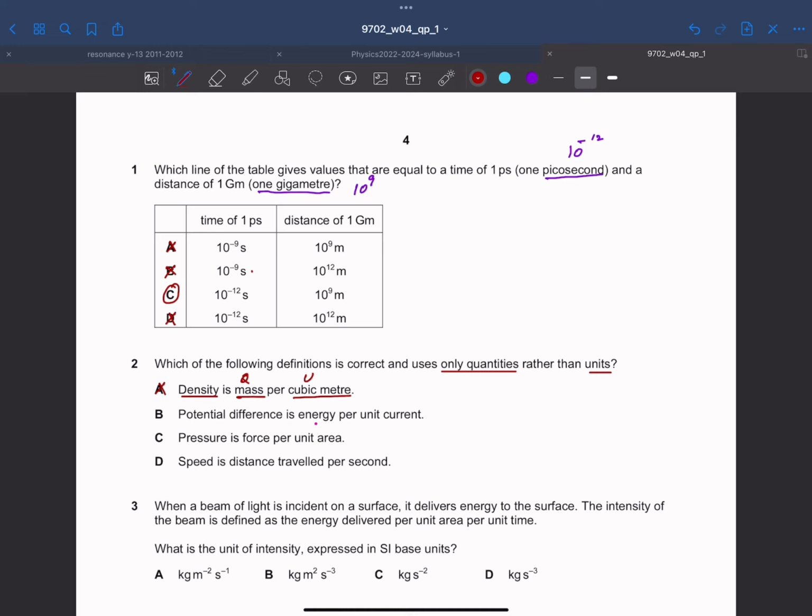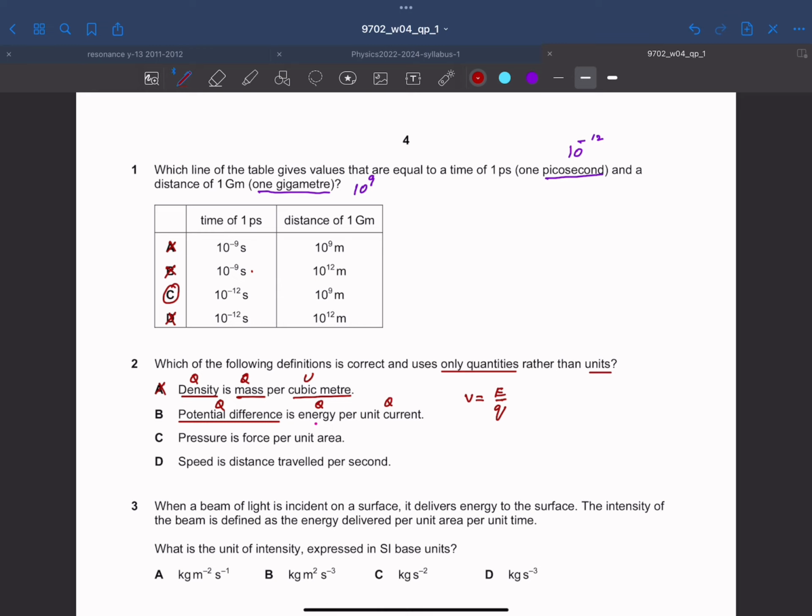Then potential difference, of course a quantity, is energy per unit current. Here both of these are quantities, and the condition of taking the definition in terms of quantities only is fine, but the definition is not correct. When you write the potential difference, you should know that it is energy per unit charge, not per unit current.